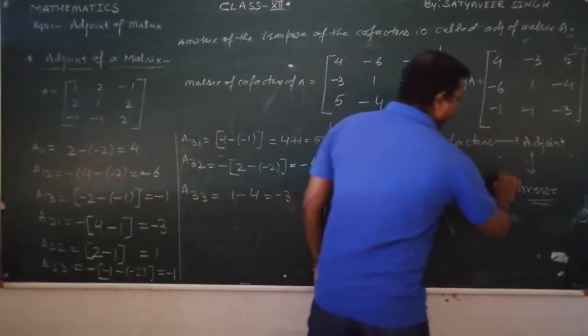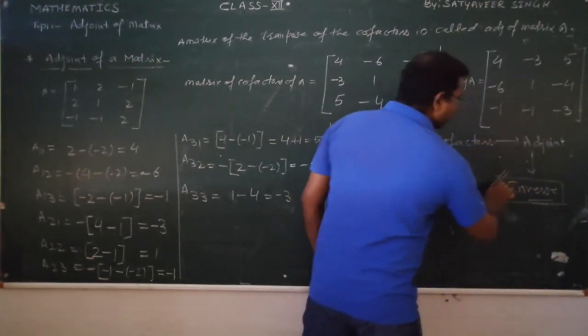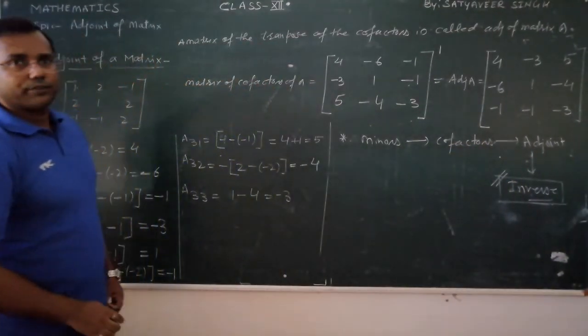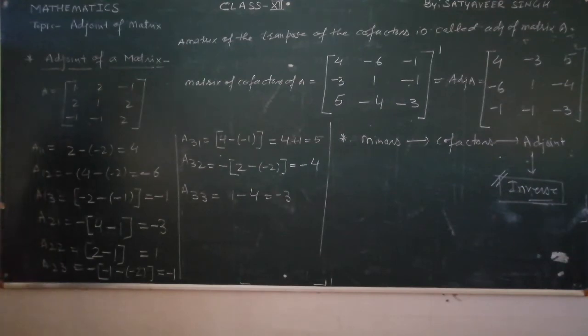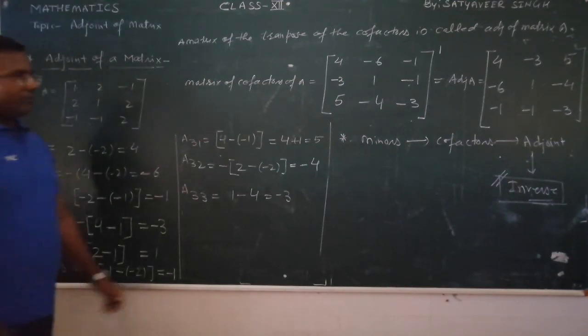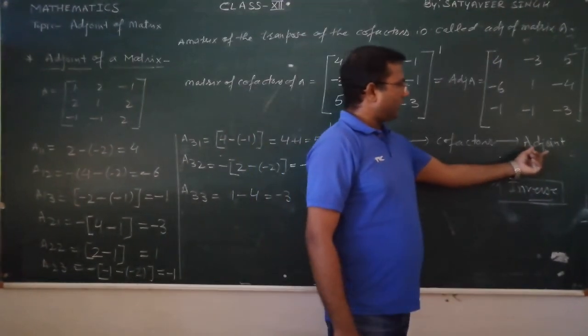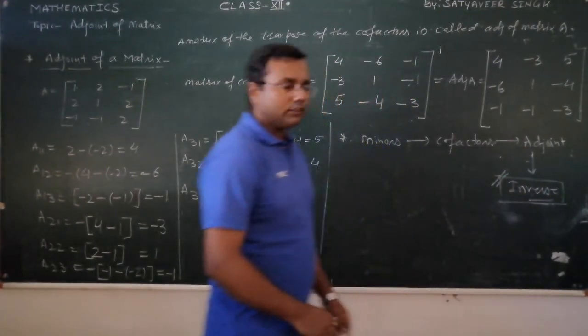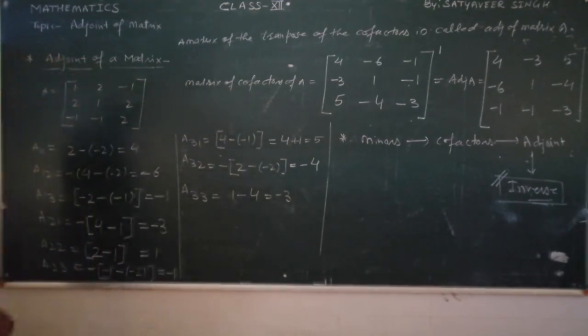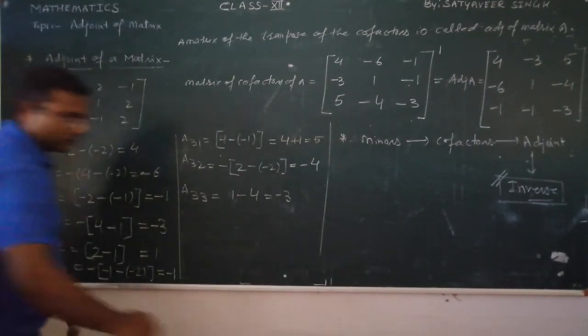So ultimately we will have to reach here. We have to learn how to find out the inverse of a matrix. So that is why we have learned what is minor, what is cofactors, what is adjoint, and then we will come to inverse.